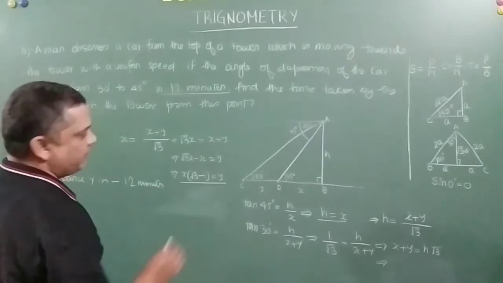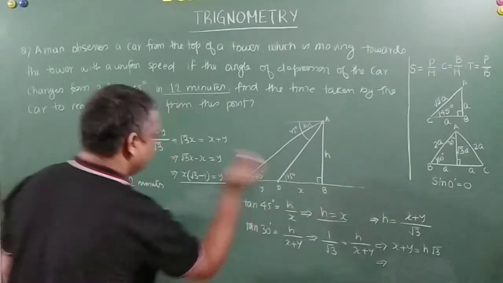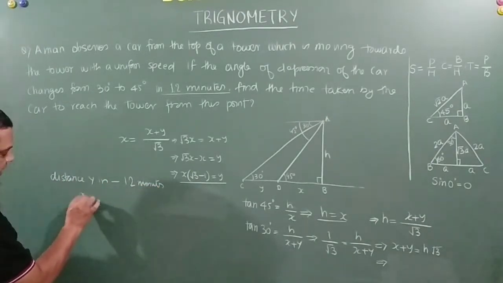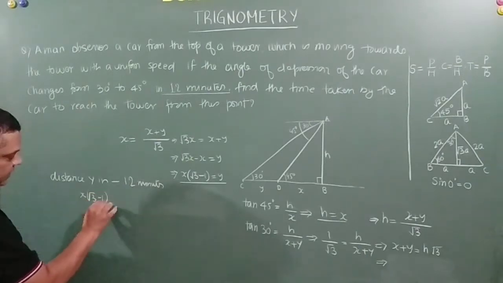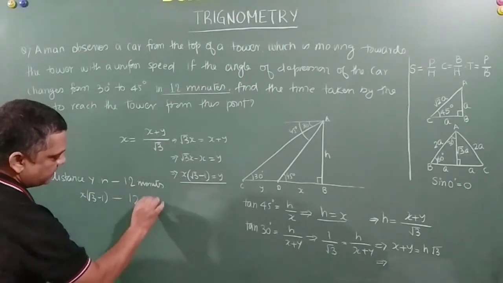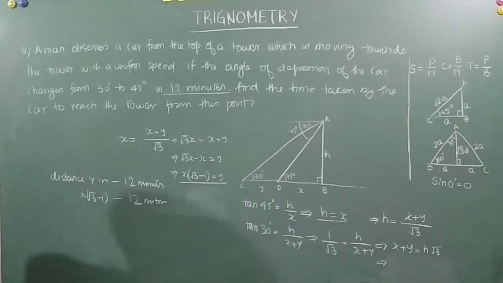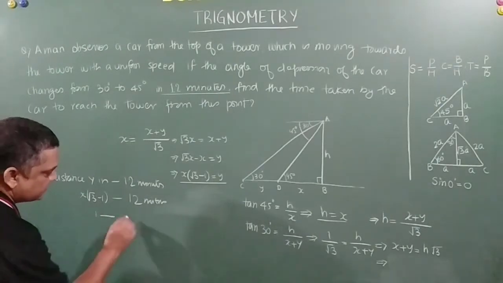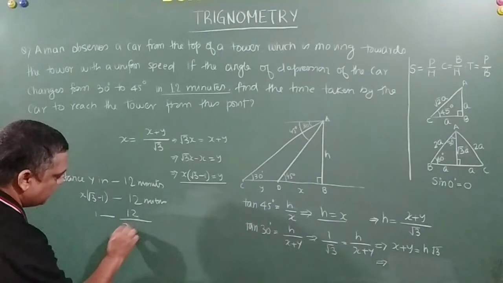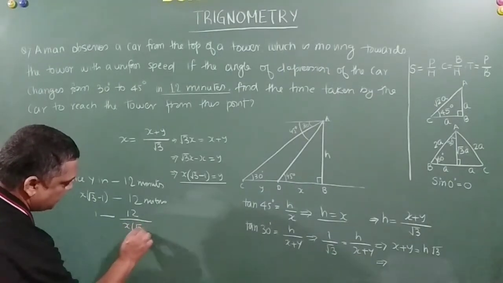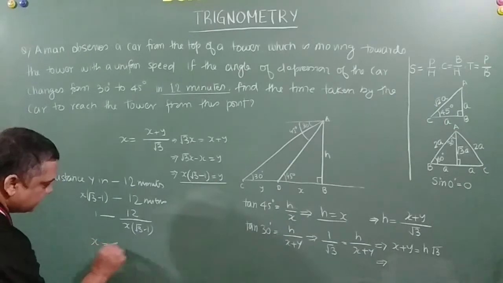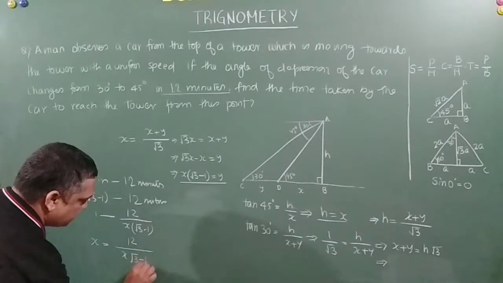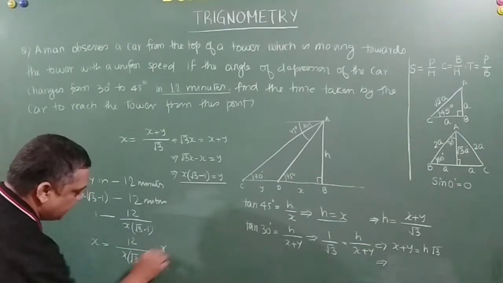Correct friends? Now we are supposed to find out in how much time this distance x will be covered. So distance y, it has travelled in 12 minutes. So in other words, distance x root 3 minus 1, it has covered in 12 minutes. Right? So distance 1 will be 12 divided by x root 3 minus 1, and distance x will be 12 divided by x root 3 minus 1, into x, which gets cancelled.